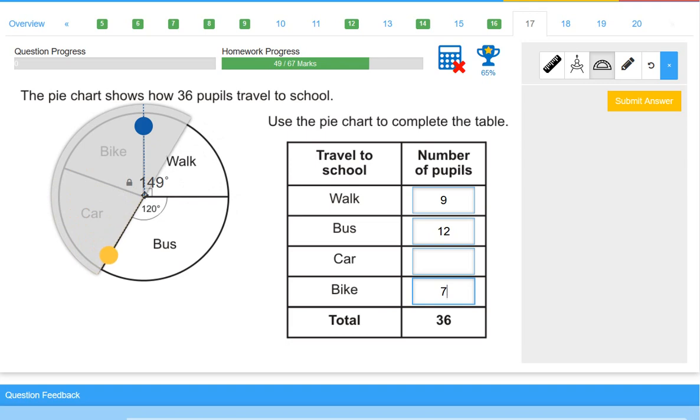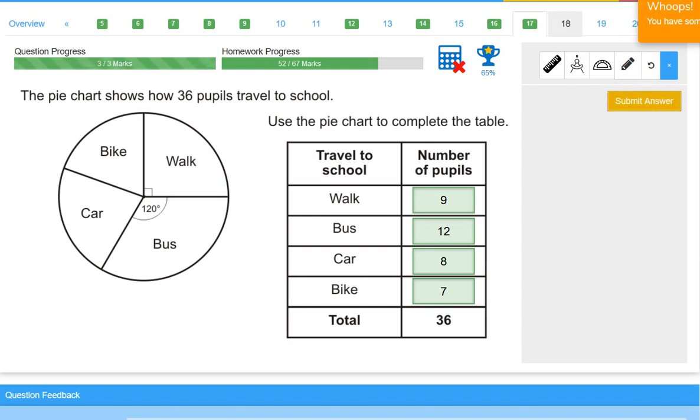We could calculate it, but I think it's just worth doing the measuring. And that looks to me 77, maybe 79, not quite lined up. It's approximately 80. So let's go for 8 people, 8 lots of 10. And let's just check that. 9 plus 12 plus 8 plus 7. If I'm right, that should give me 36. And it does.